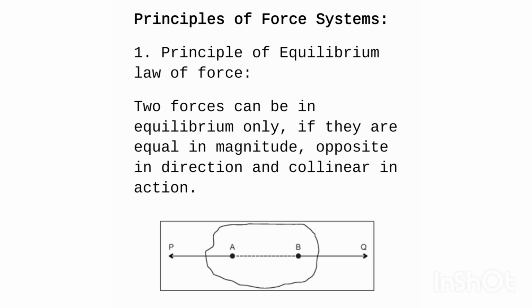So in theory we can say that two forces can be in equilibrium only if they are equal in magnitude, opposite in direction and collinear in action. So this is the principle of equilibrium, law of force.